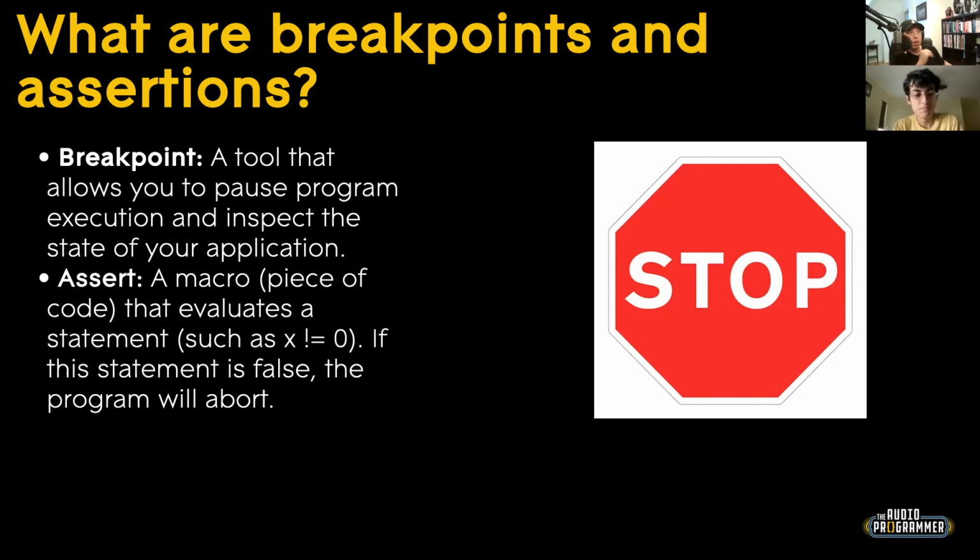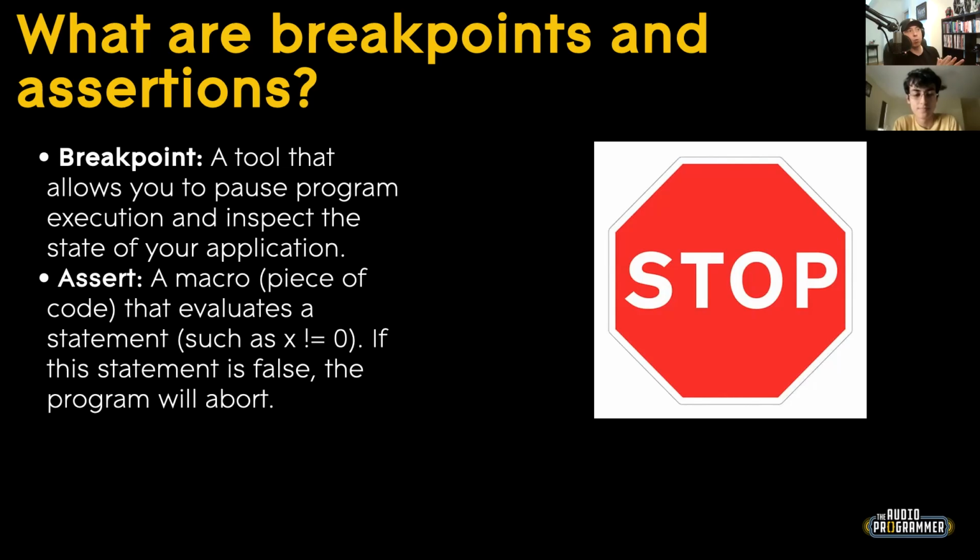Yeah. Now, an assertion is a macro, and a macro is just a fancy word for a piece of code that evaluates a statement. One statement could be something like X is not equal to zero. And if that statement is false, then the program will abort.